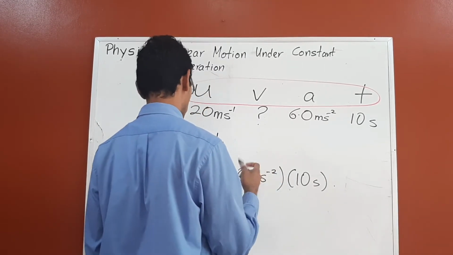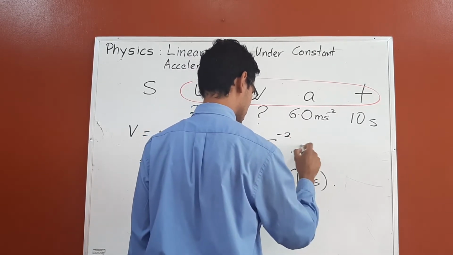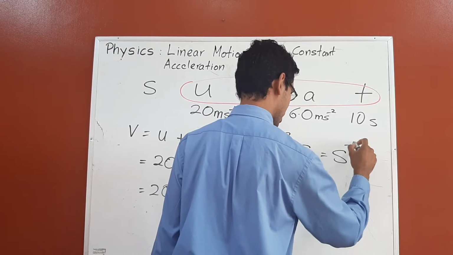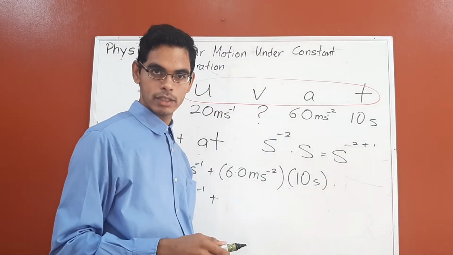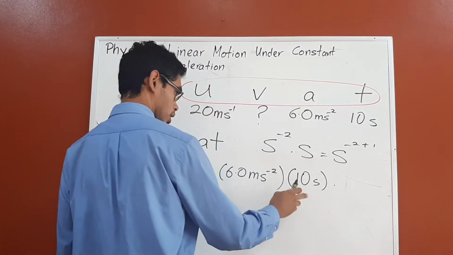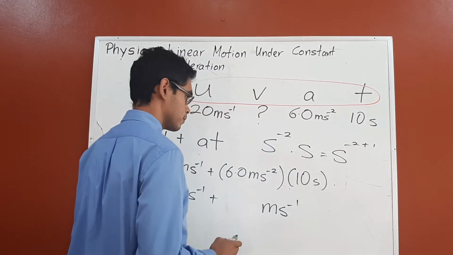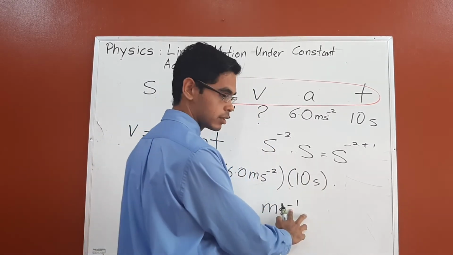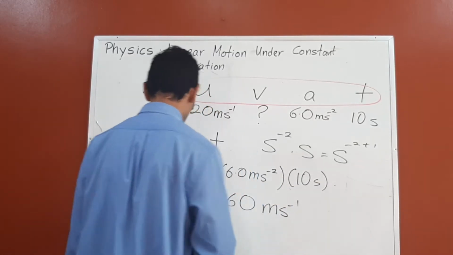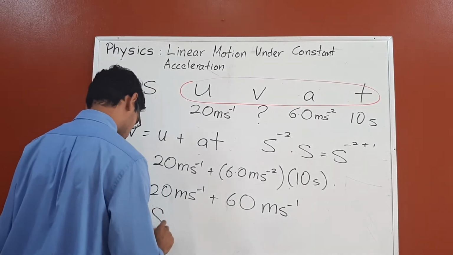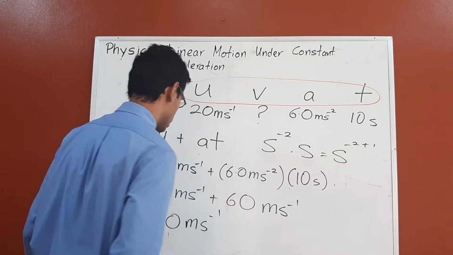In other words, if I was to do a little sidebar up here, that would be s to the minus 2 times s, which would be equal to s to the minus 2 plus 1. What is minus 2 plus 1? The answer, we have meters per second, or you would have an index of minus 1. And the number we're ending up with here, 6 times 10, that's 60. And 20 plus 60, that's 80 meters per second. That's our first solution.